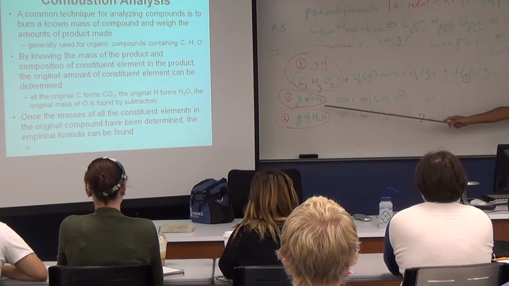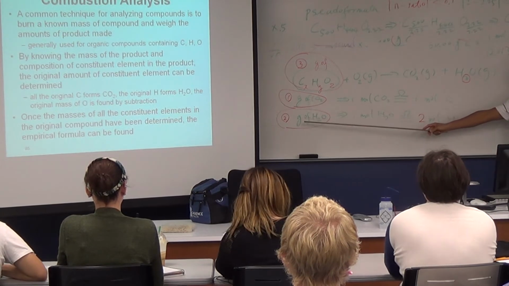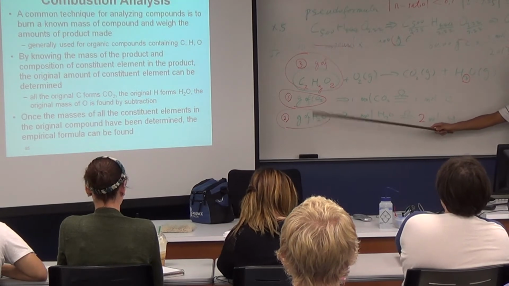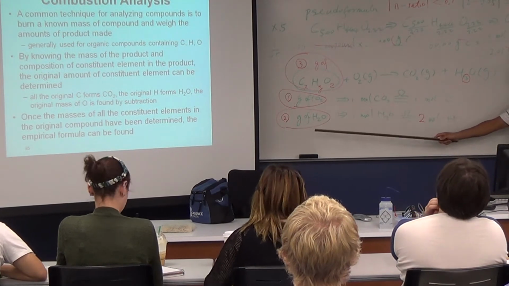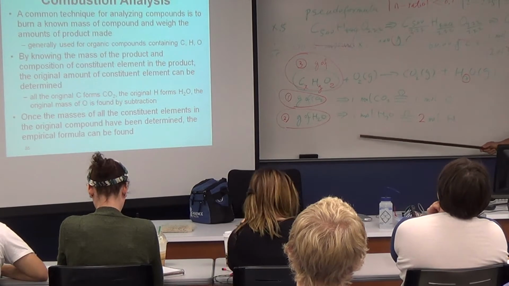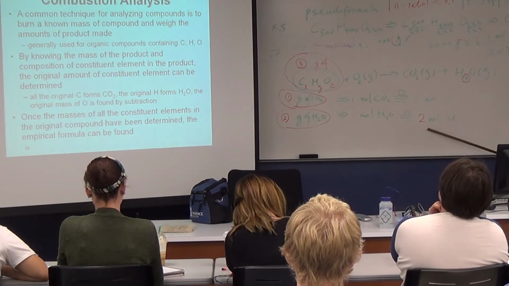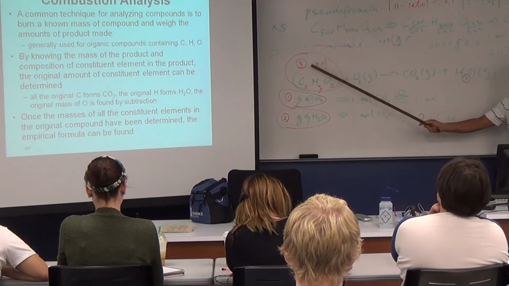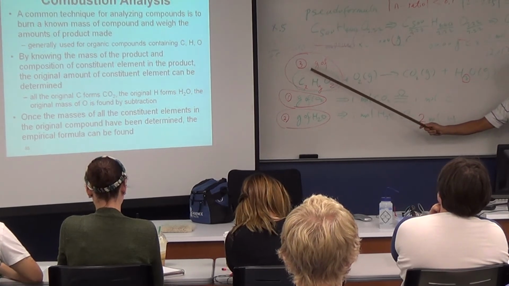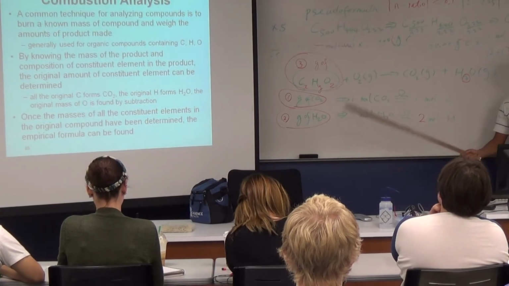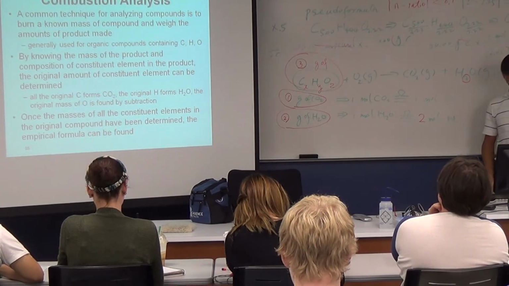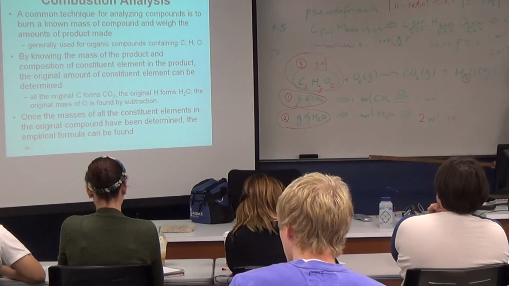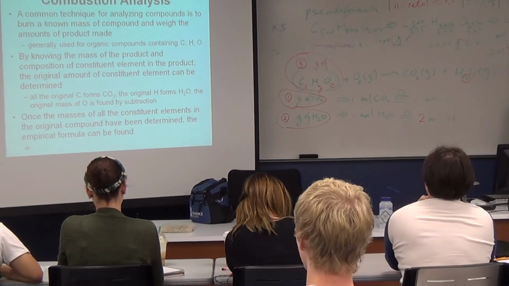The other information is the gram of water, we do a similar thing. We use the gram of water, convert that into mole of water, then we find out the mole of H. Then you already know, information number 3 is that we want to use the total mass, subtracting the mass of carbon and the mass of H, then we'll get the mass of O. We're almost there, we can put all these 3 steps together, but we are still one step short.